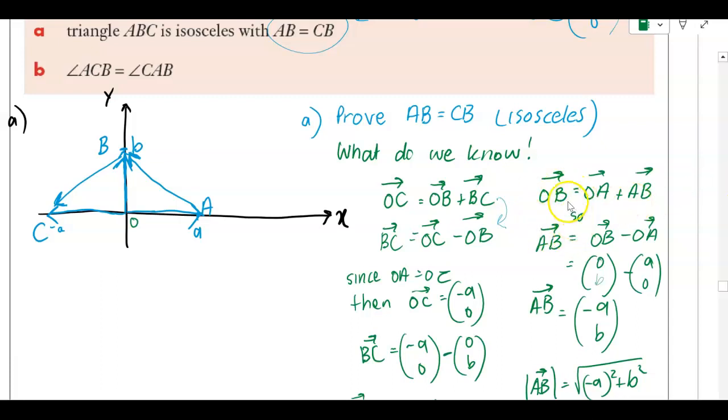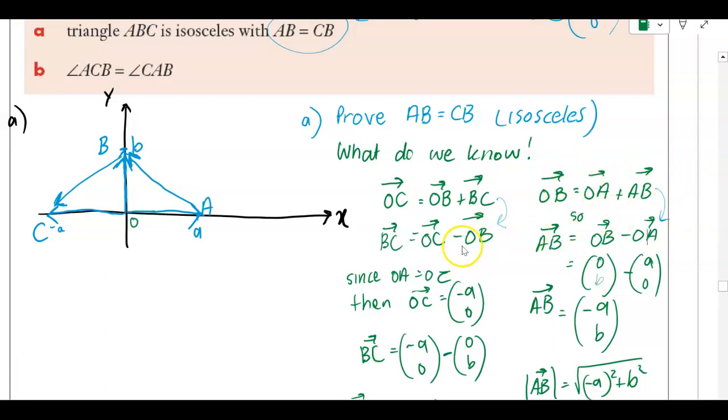We also know that OB, this vector up the middle here, is equal to OA plus AB. Those are the directions of the arrows that I've chosen. If you chose different directions, then you'll have a different subtraction or addition, and that's okay, that would flow through as well. So I've just rearranged that to get that AB is equal to OB subtracted from vector OA.